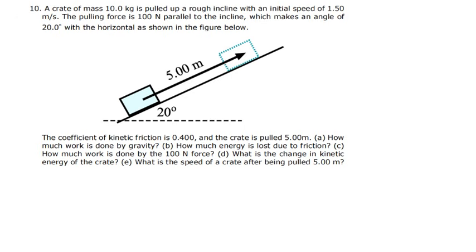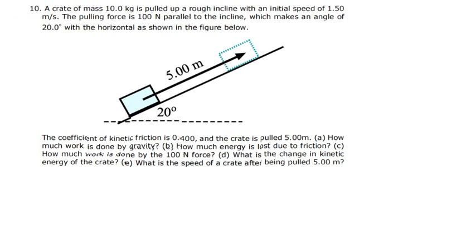Okay, so we have the last question on the incline. Okay, so basically how are we going to solve this one? So we're told a crate of mass 10 kg is pulled up a rough incline.